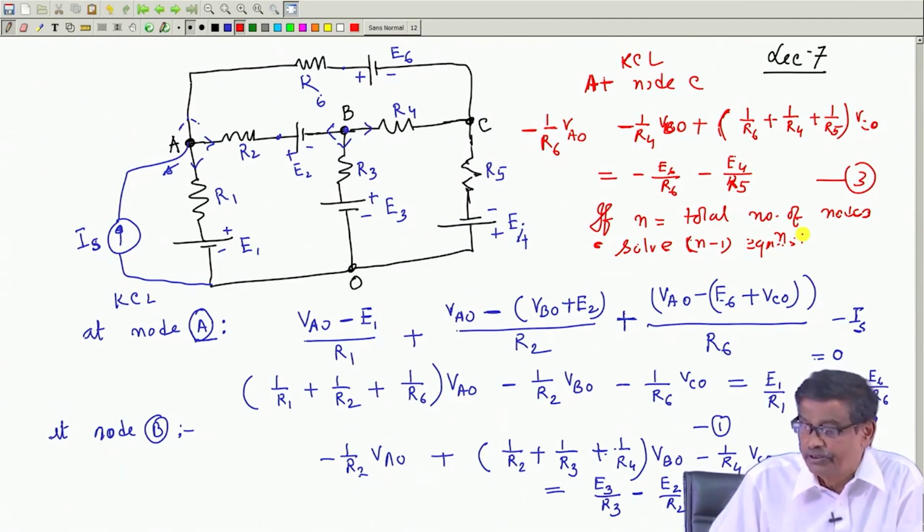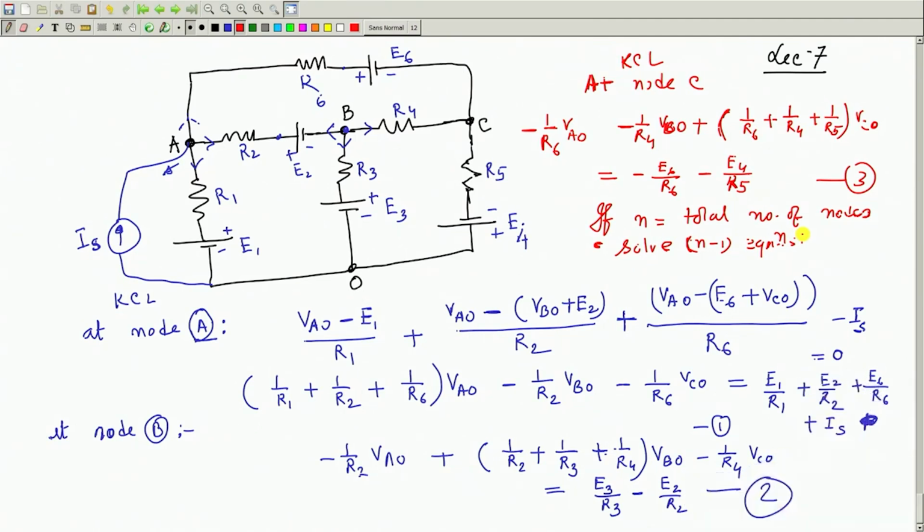You have to be very fast and write down these equations. So, the number of equations to be solved here is 3. Is that point clear?